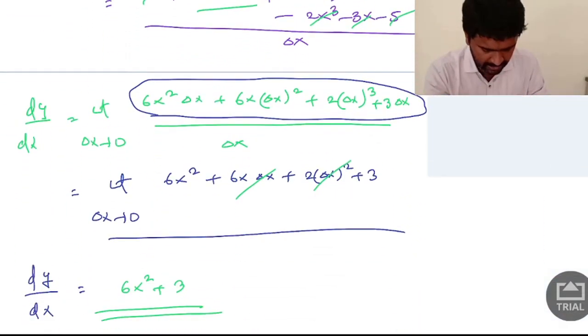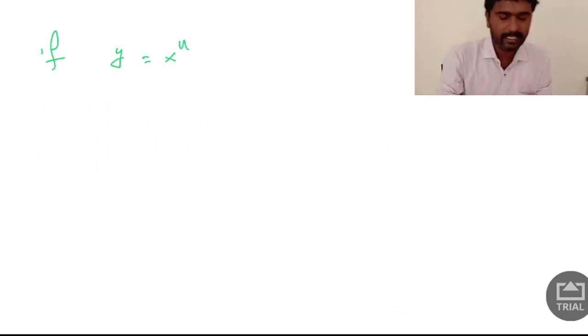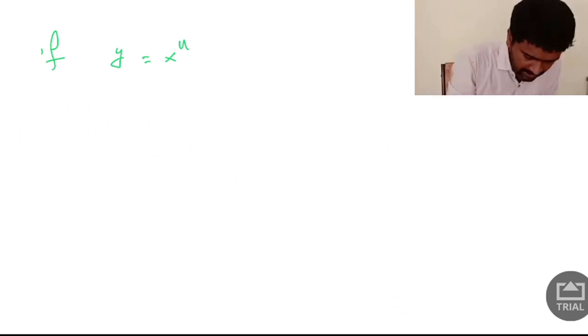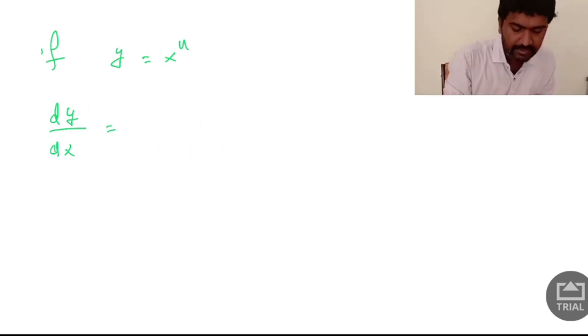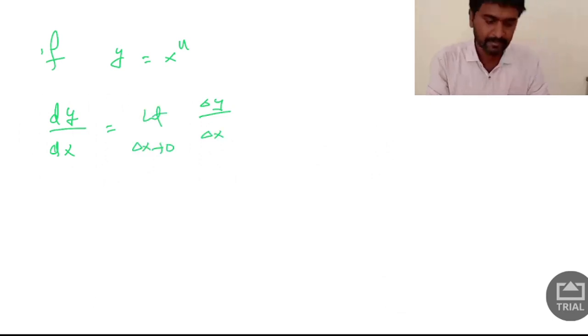And I can even give the general equation here. If y equals x power n, let us say, then what will be your dy by dx? Now dy by dx is delta y by delta x, limit delta x tends to 0.